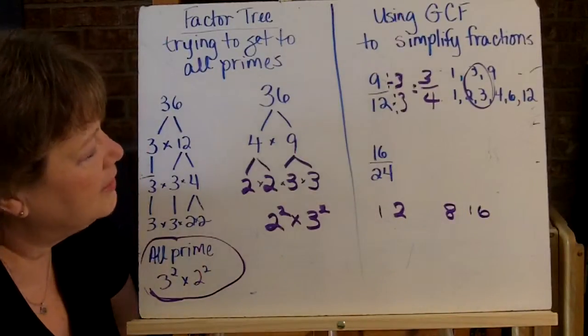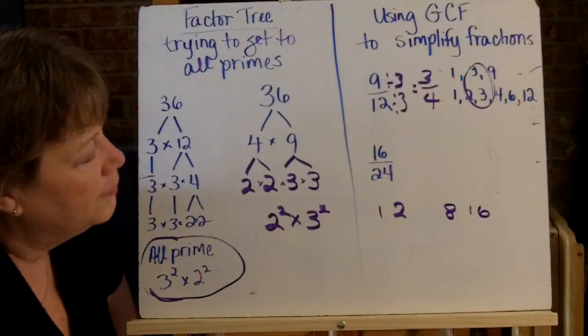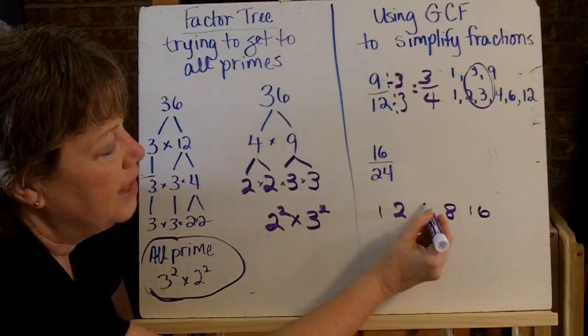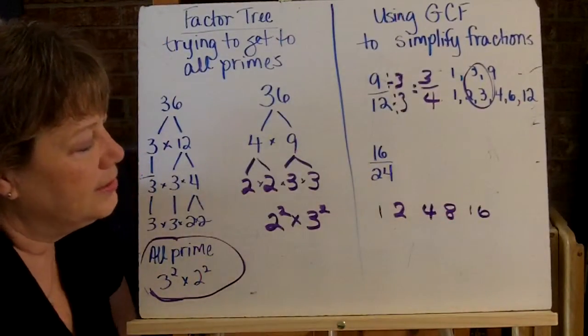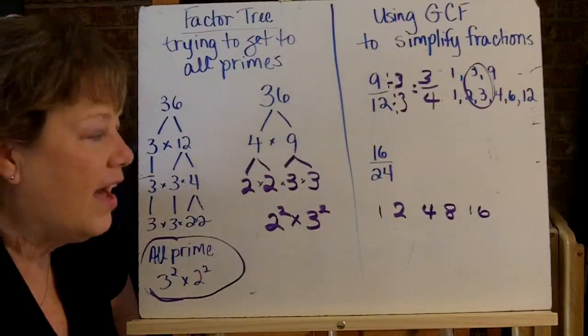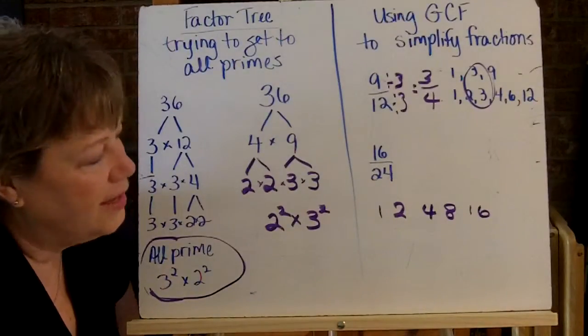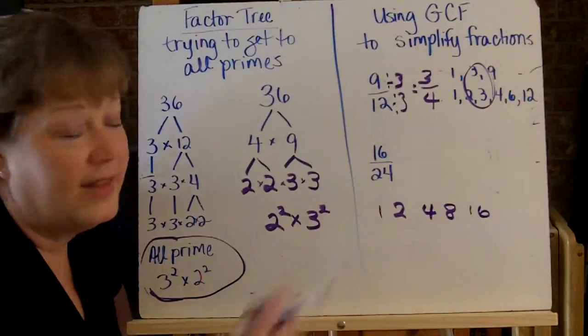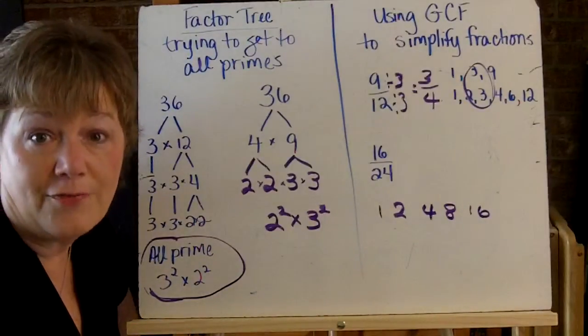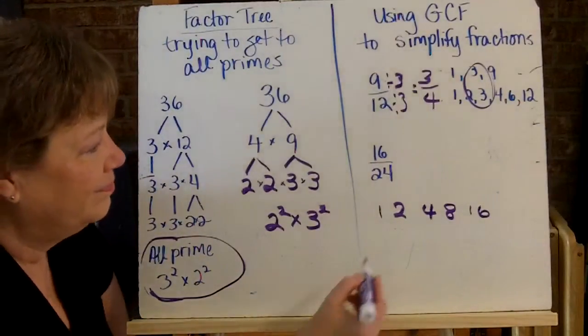Does 3 go into 16? No. Does 4? And 4 goes into it 4 times 4, but you only have to list it once. And then does 5? No. 6? No. 7? No. 8? It's already there, so I know I have all the factors of 16.